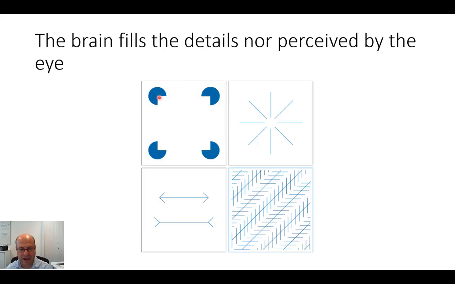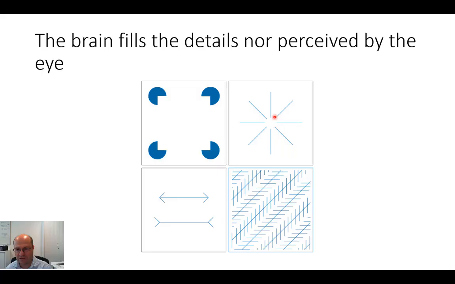So there is no square here. And now imagine yourself trying to develop a computer vision system that would segment this square. It will never segment any square here because there is no square here, right?